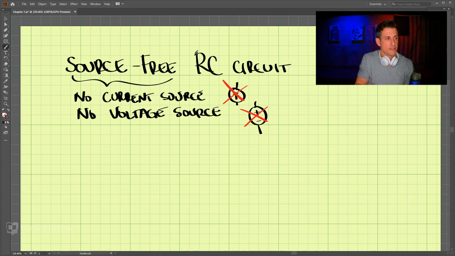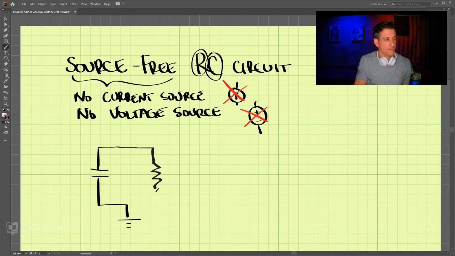The RC means resistor and capacitor. So let's draw this circuit here quick. We have a capacitor on this side, and it's attached to ground. And then on this side, we have our regular resistor.